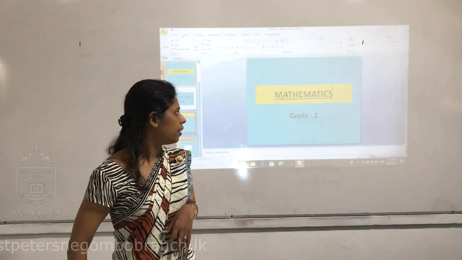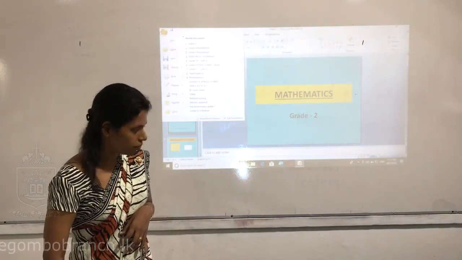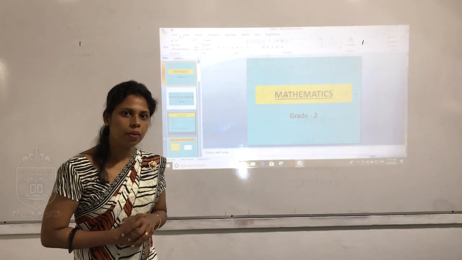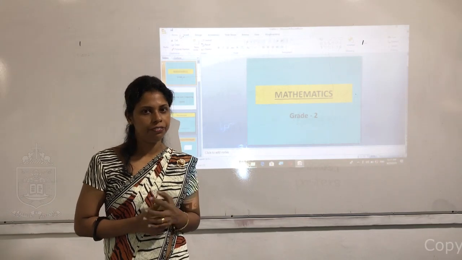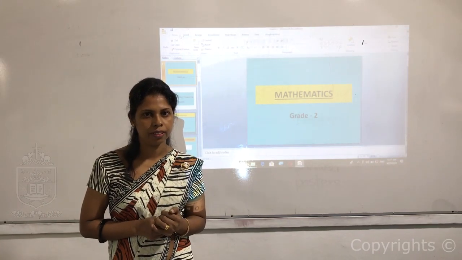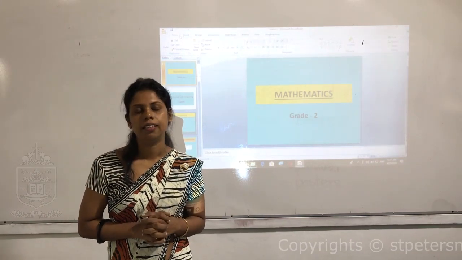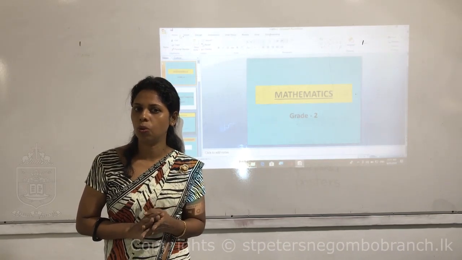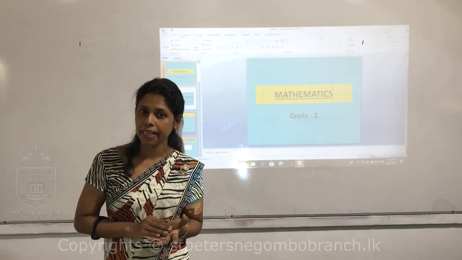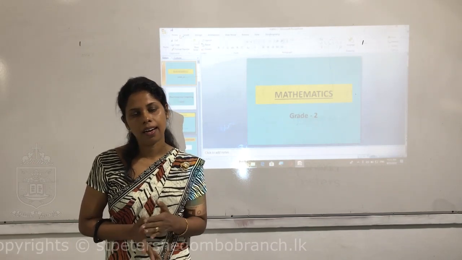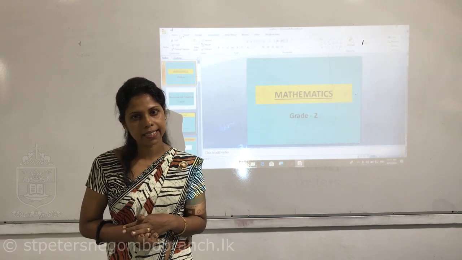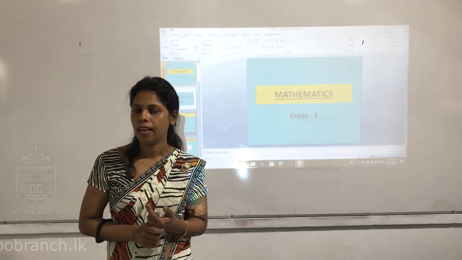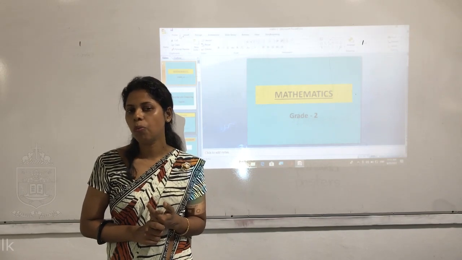Okay. If you think that of two kettles, the one kettle holds 10 cups and the other kettle holds 6 cups, the 10 cups kettle has more capacity.